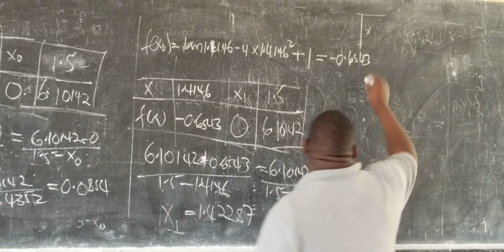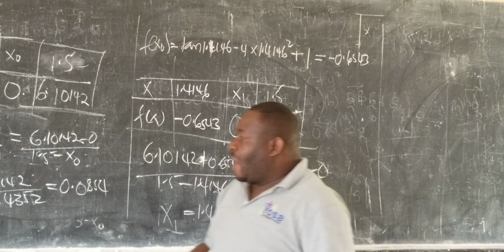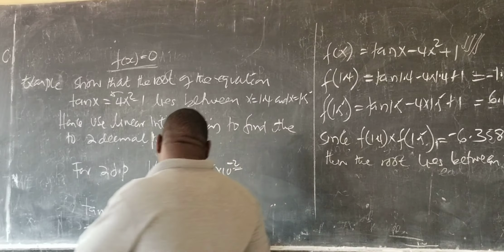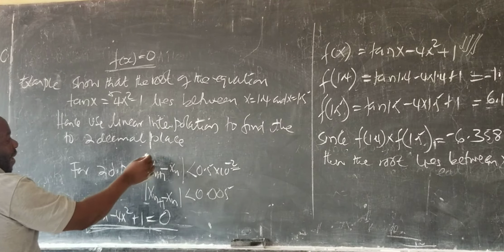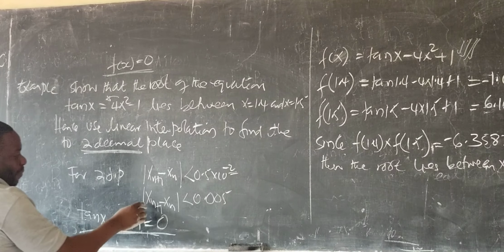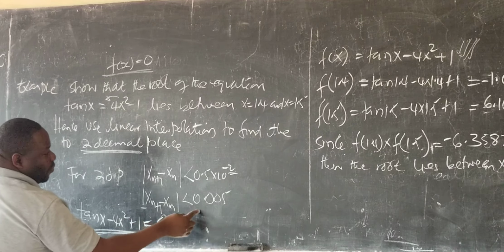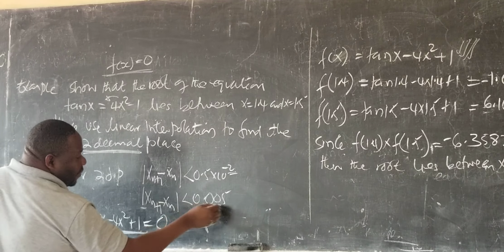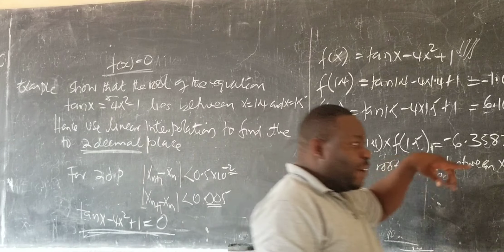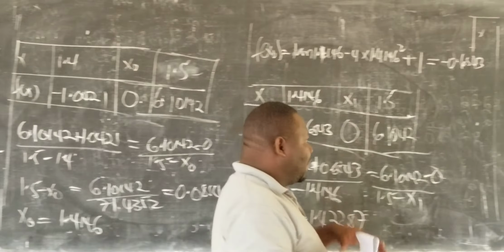When you calculate all these values and make x the subject, you come up with x equals 1.4227. Then you come to check on the condition. The condition says we should give the answer to 2 decimal places. And for 2 decimal places, the difference between those values should be less than 0.005. So we subtract the x naught and x1 and see whether the condition has been fulfilled.